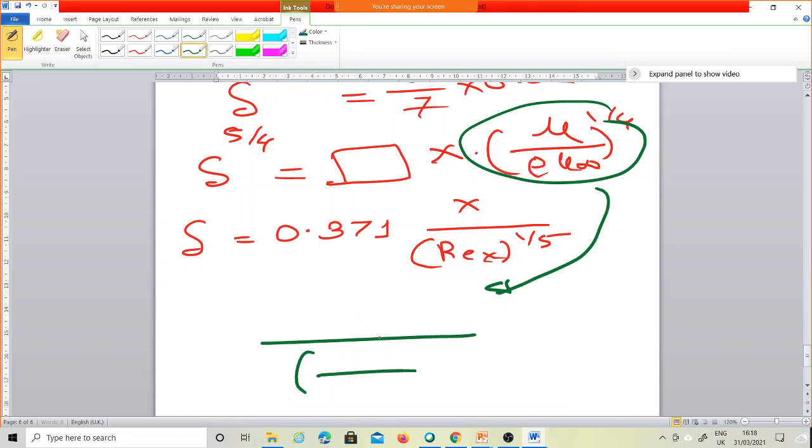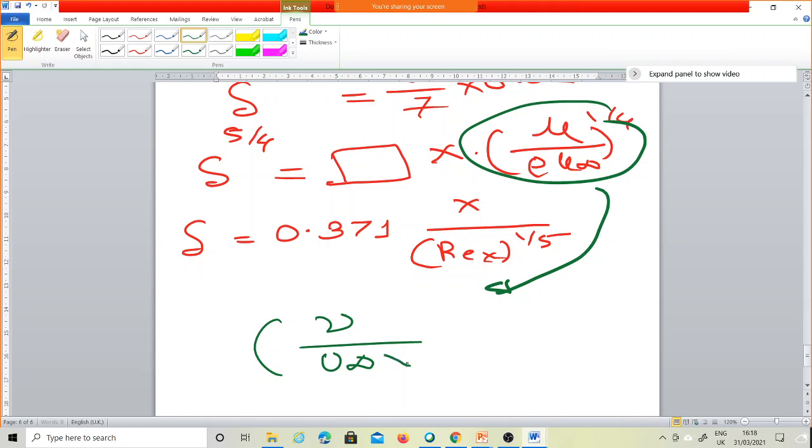Mu by rho is nu, so you should have nu, u infinity, and x here, right? If you want to make it 1 over 5, you need to put 1 over 5 here, so you need to adjust the x in this case.